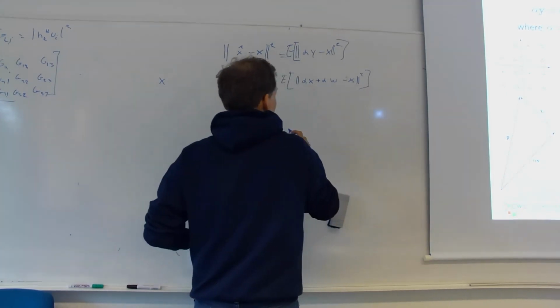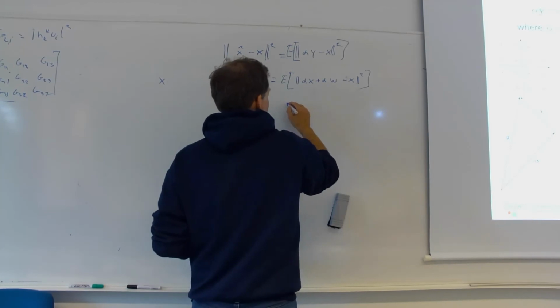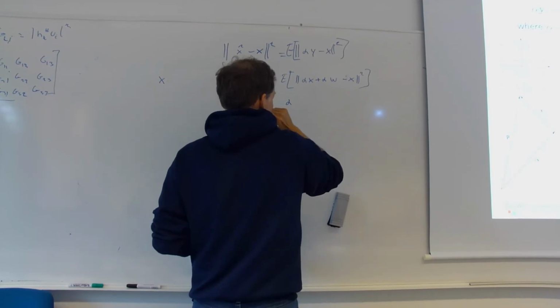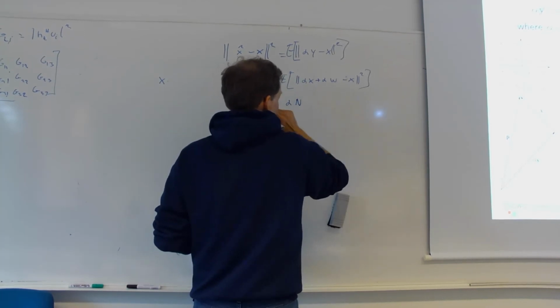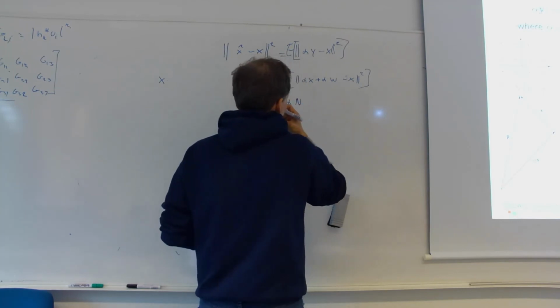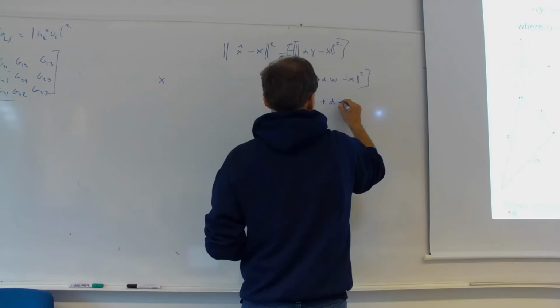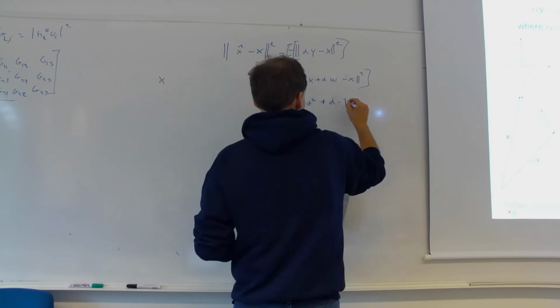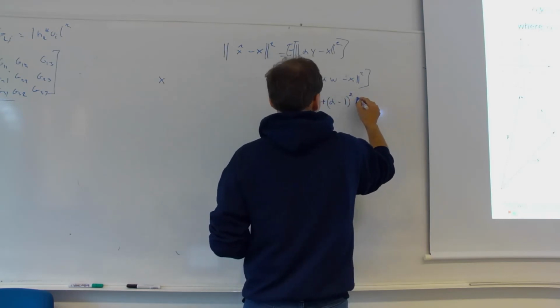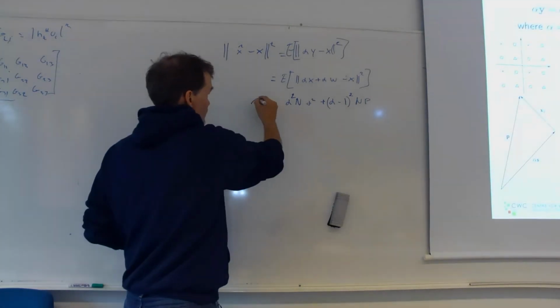So what we have is alpha squared times n sigma squared plus (alpha minus 1) squared times n P, when n is large, approximately. Okay?